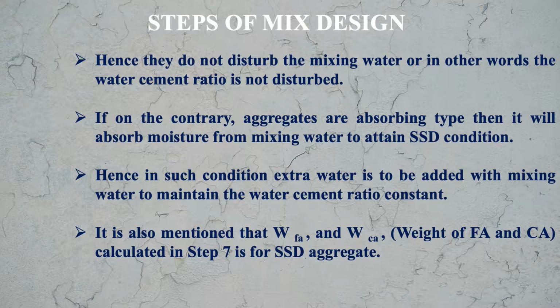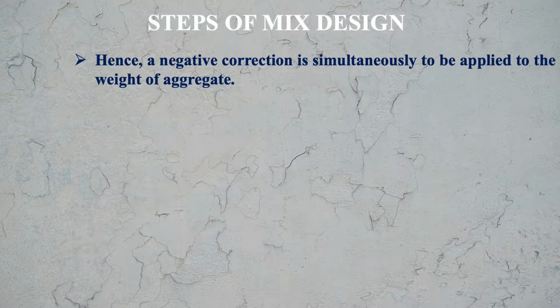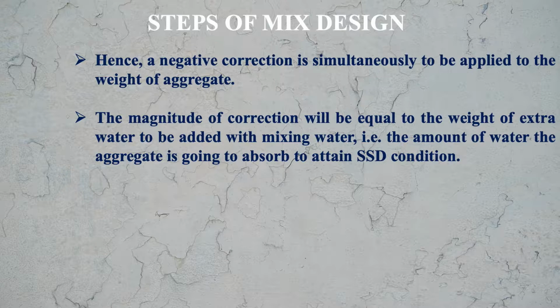WF and WCA, that is weight of fine aggregate and weight of coarse aggregate, calculated in step 7 is for SSD aggregate. Hence, a negative correction is simultaneously to be applied to the weight of aggregate. The magnitude of correction will be equal to the weight of extra water to be added with mixing water, that is the amount of water the aggregate is going to absorb to attain SSD condition.